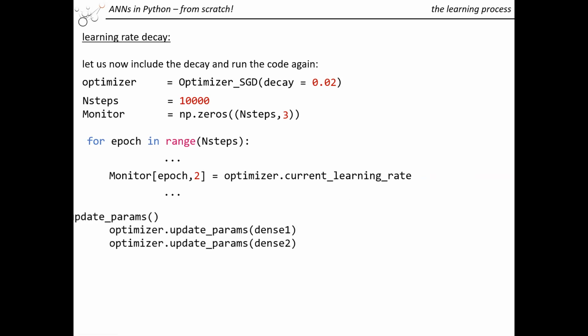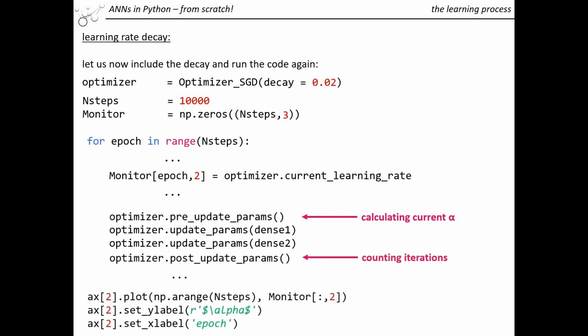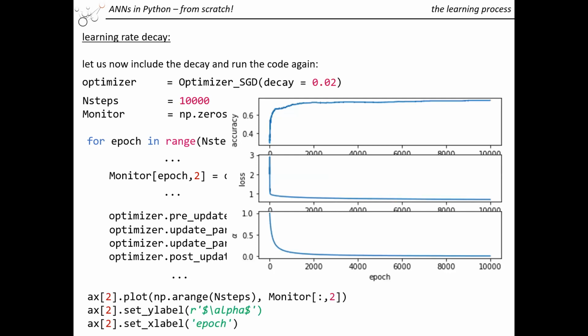Then we also added the pre-update parameters for calculating the current learning rate, and also the post-update parameters for counting the iterations, which we need for calculating the current learning rate. Then we just created a plot, and you should see something like that for a different set of parameters.